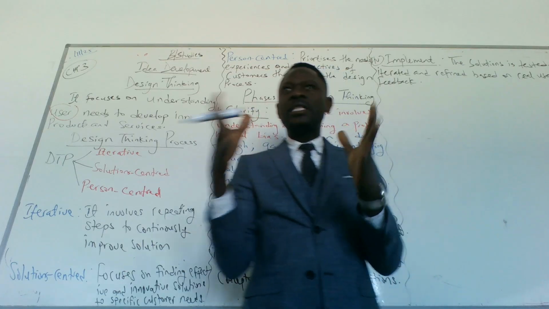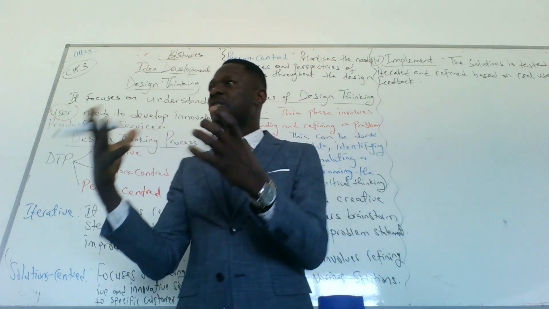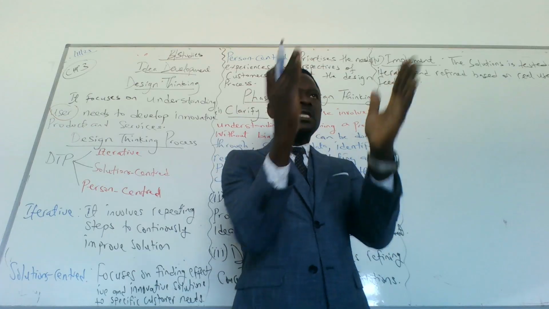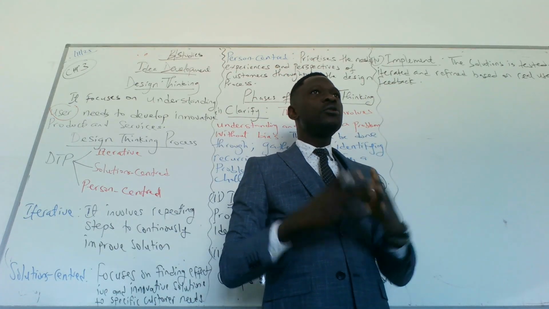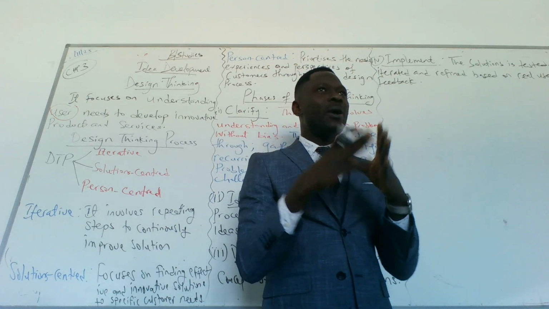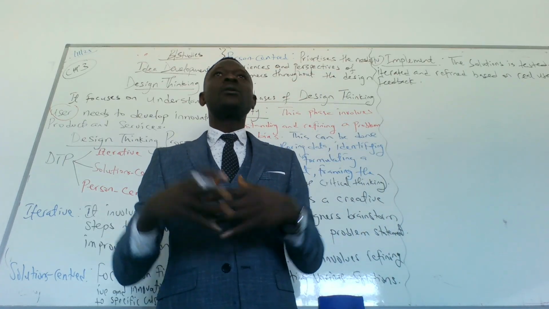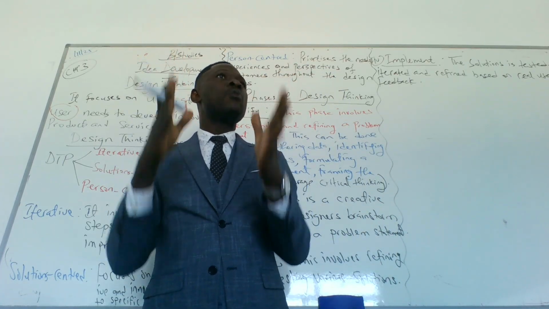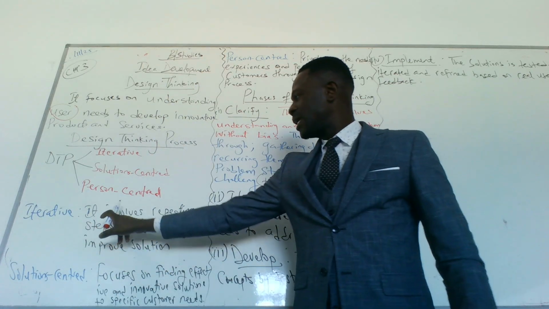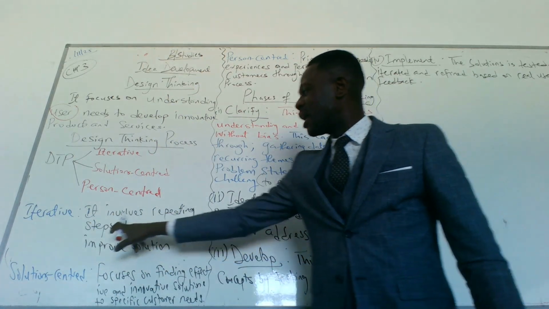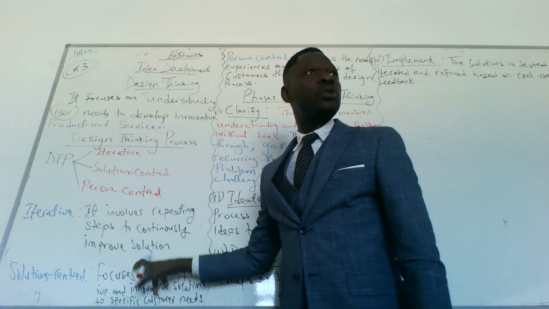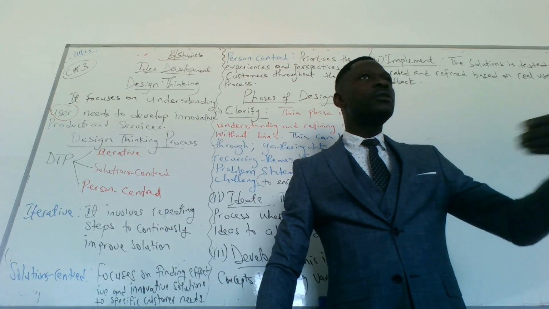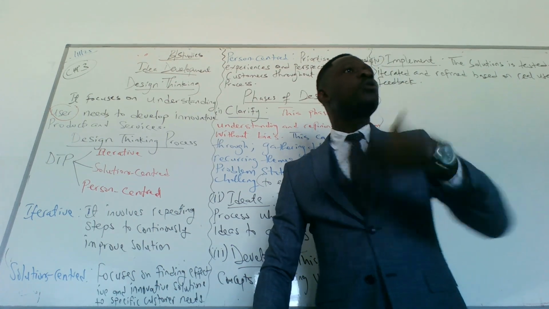You know, there's going to be a stage you get to in the course of producing something. You feel, okay, this is what I really wanted. So you've initiated the design, but as soon as you feel fulfilled that this is the kind of design I want, that is when you stop. That's why I said it involves repeating steps to continuously improve the solution. The problem is about what you want to design.